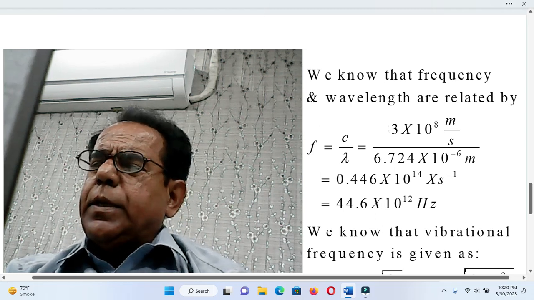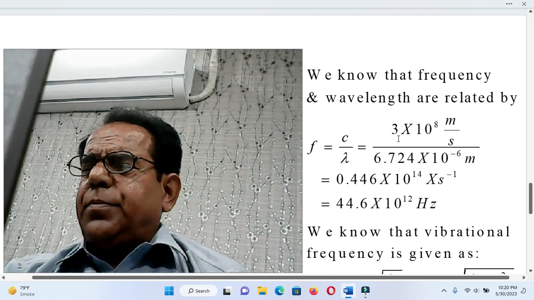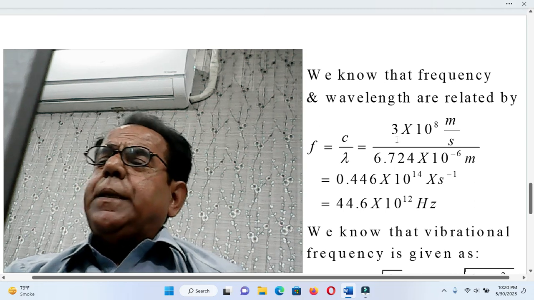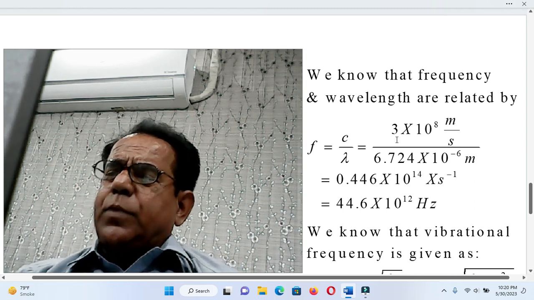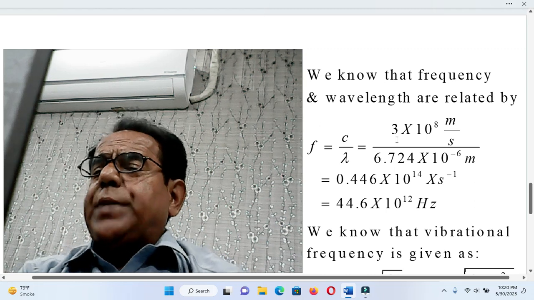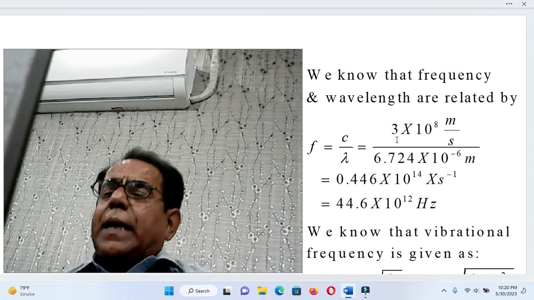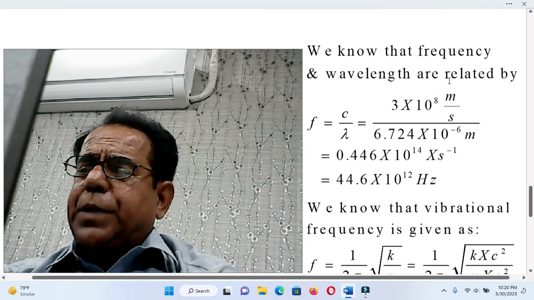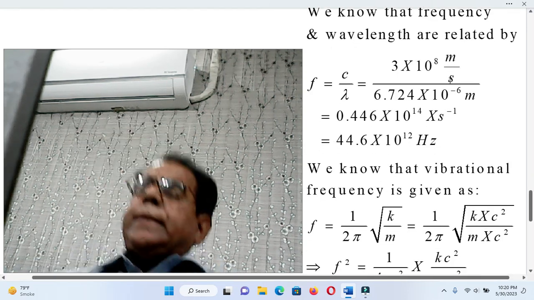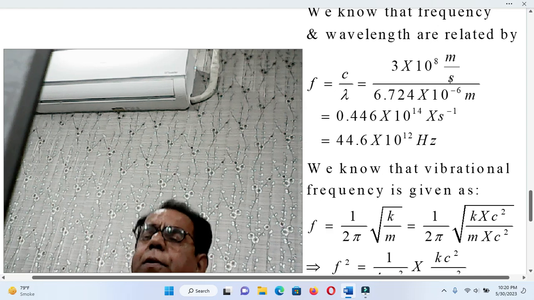We should have verbally remembered it. So frequency f is equal to speed of light c divided by wavelength lambda, and after simplification this becomes 44.6 into 10 raised to the power 12 hertz.